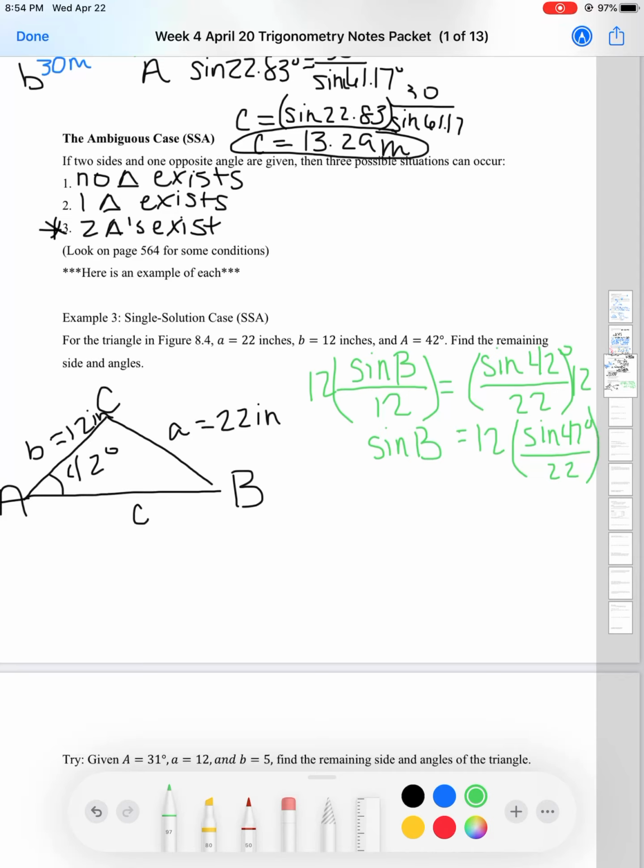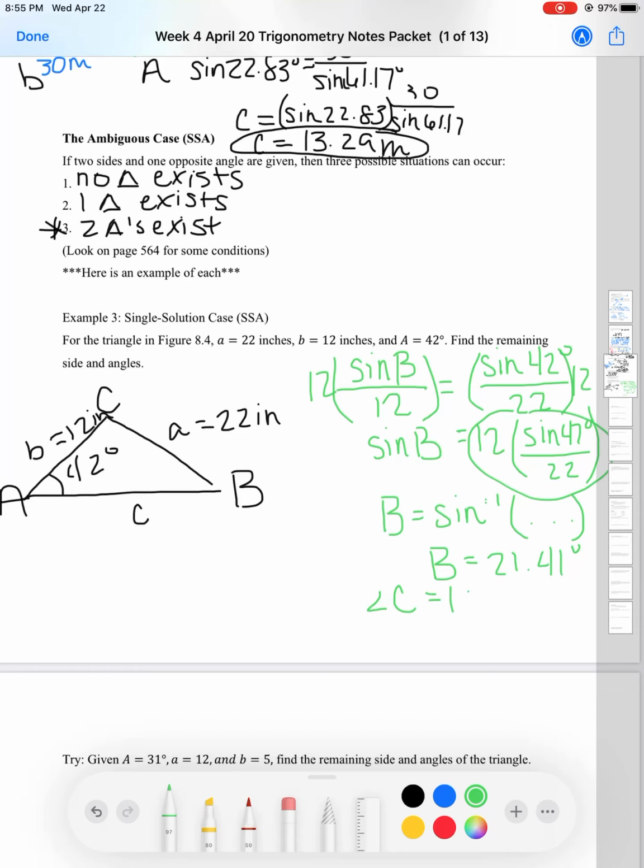Now, I would just enter this all into your calculator at once. You could do this piece, hit enter, round it, and then take B equals the inverse sine of whatever that decimal is. But either way, you get B is about 21.41 degrees.